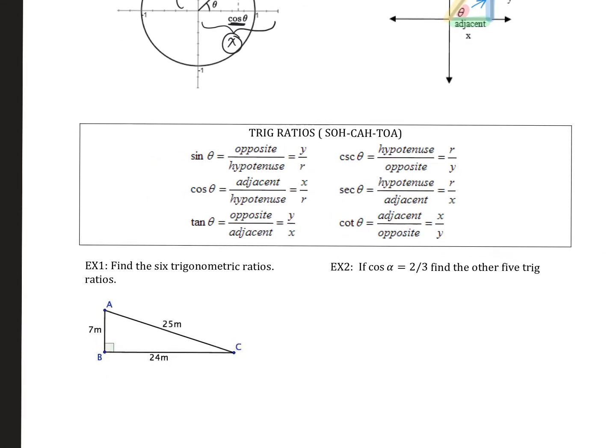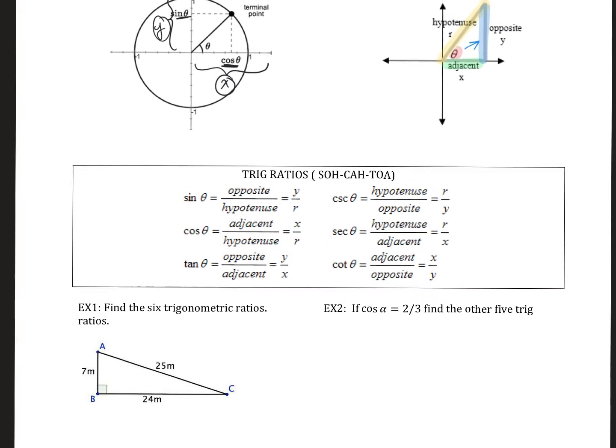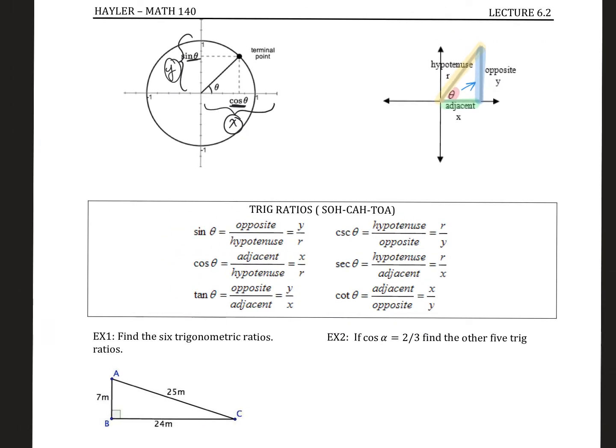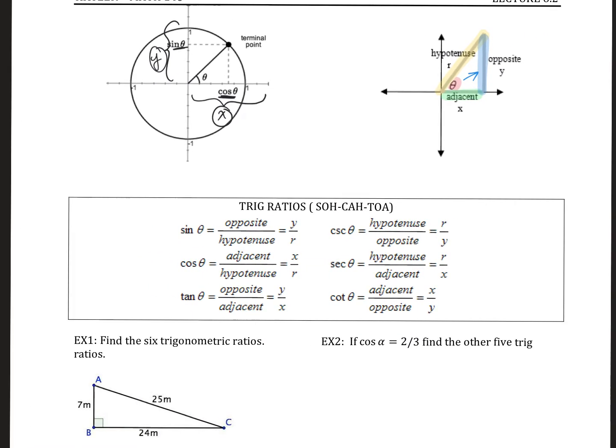Okay, so here we have the trig ratios, and they may look very different, but they come from what we've been doing basically all along. We've been building up to this. So a little while ago, I talked about something called SOH-CAH-TOA, and it's just a way of remembering the different trig ratios or trig functions and how we find them.